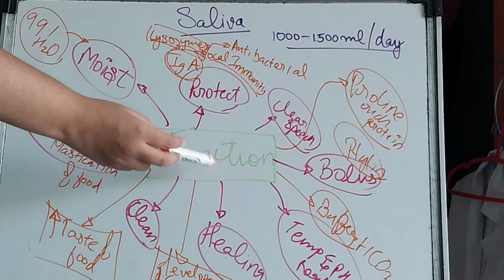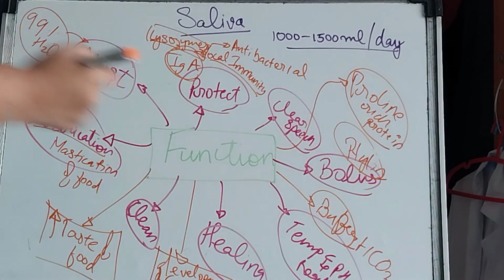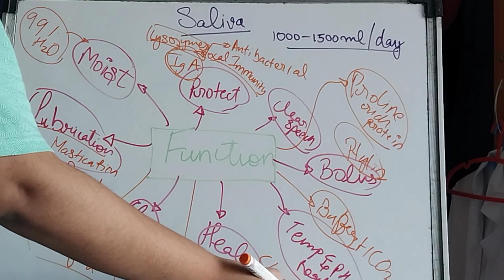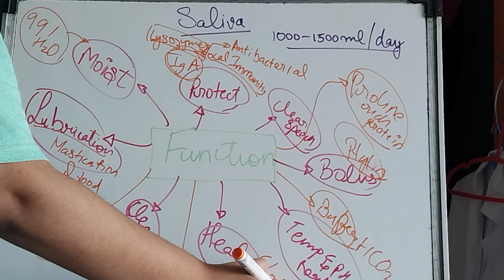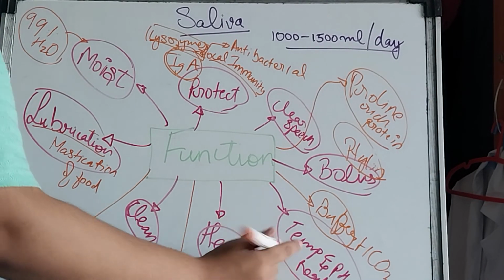And a main function also is the healing action of saliva. How? See, in the composition, if we look, there are other organic substances like clotting factors. So in composition there are clotting factors. I think you can't see it, but I'll write it here.